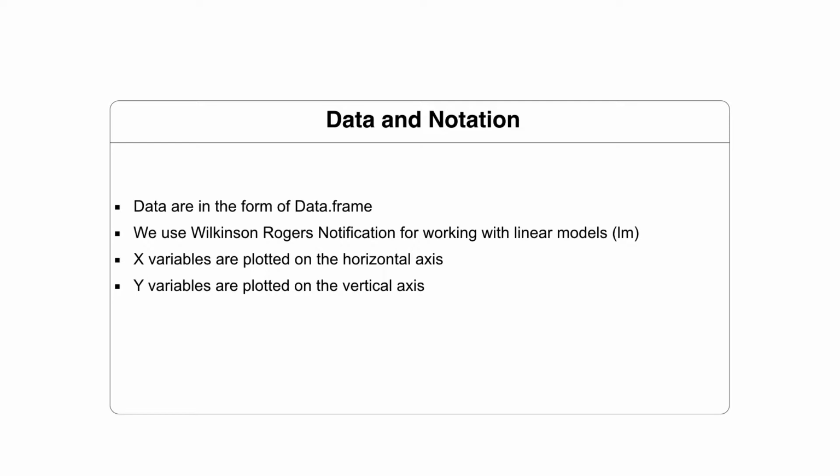Now, the Wilkinson-Rogers system in which you specify regression models is essentially a very simple model. It's very intuitive. You put an outcome variable, you put an explanatory variable, and you use certain specific symbols to get the work done. It is elegant for its simplicity, and it is very useful in order to extract objects from the regression model output.